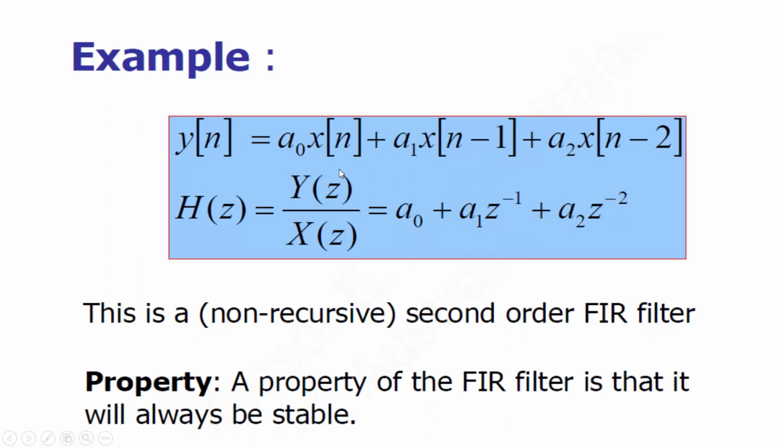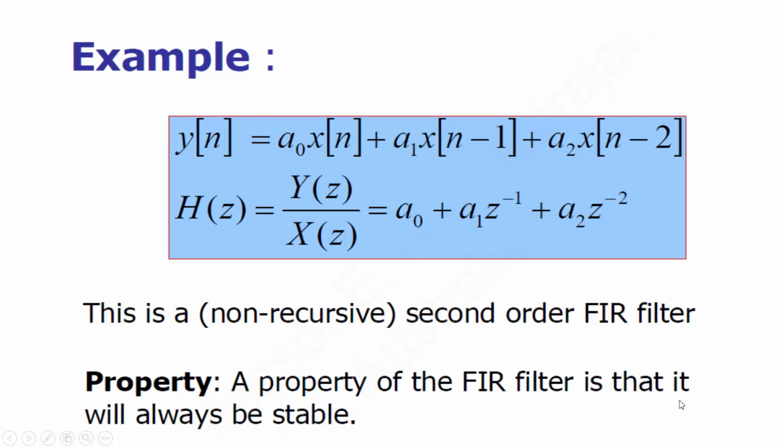So this is a second order filter because the maximum power of the z variable is 2 here, because if you multiply it with z squared, you will get power 2. So this is a non-recursive second order FIR filter.